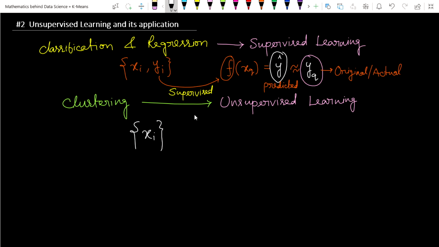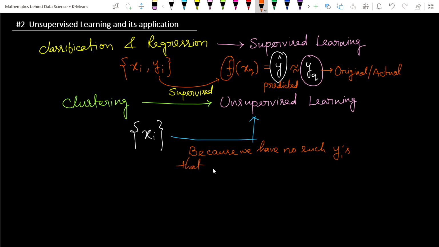Because of this, it is called an unsupervised model, because we have no yi's that supervise our model.